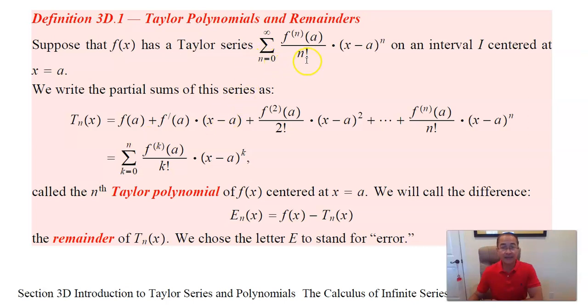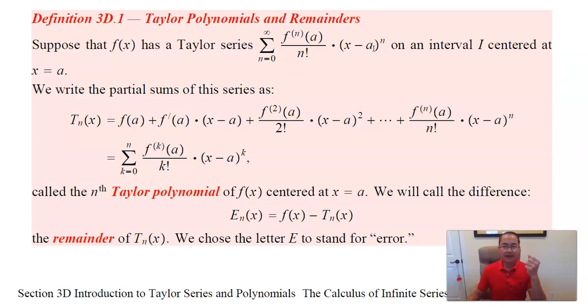We use n as the main index for the infinite series, but for the partial sum, n becomes the upper bound. So we need a new index. We can use k, you can use j. I like using k. So the Taylor polynomial is just the sum for k equals 0 to n of the kth derivative at a divided by k factorial times x minus a to the power k.